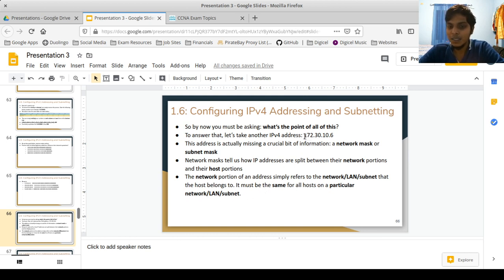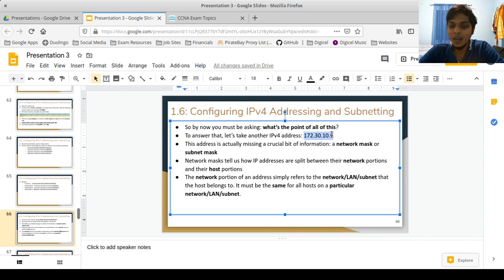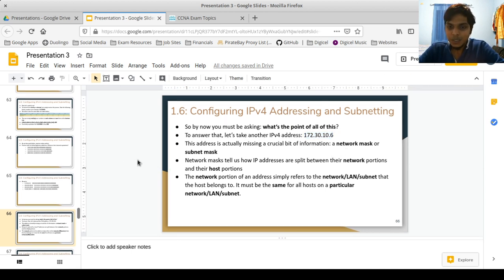So what we're saying here is that an IP address is a half of a whole. You could put an IP address anywhere, but to really understand what the IP address stands for and to really understand the addressing, it is missing its other half, which is a subnet mask or a network mask. So what network masks and subnet masks do is they tell us how the addresses are split.